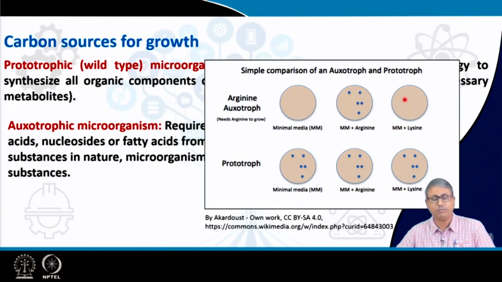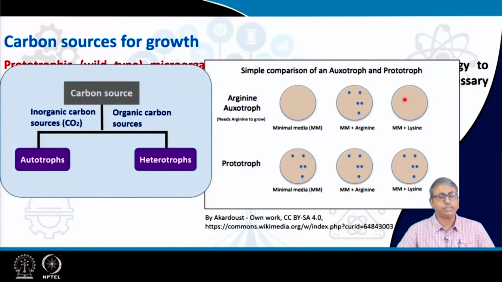Similarly, for other vitamins, nucleosides and fatty acids, there could be auxotrophic variants. Now, with respect to carbon sources, as we discussed earlier, the carbon sources can be of organic and inorganic type, and therefore there could be autotrophic organisms and heterotrophic organisms.